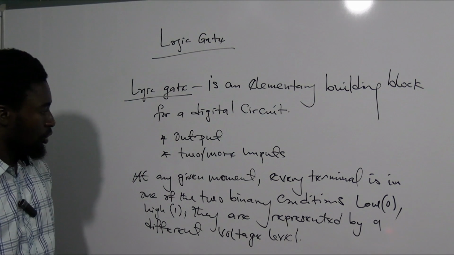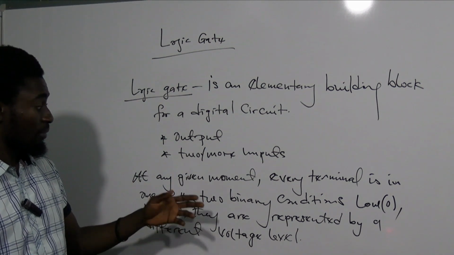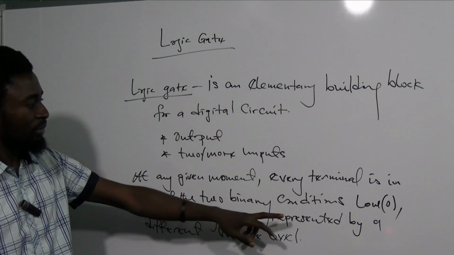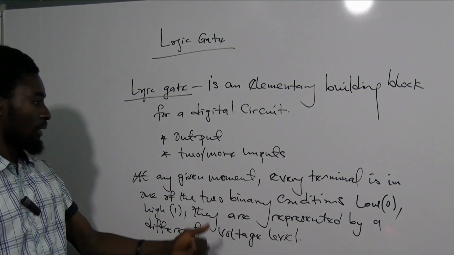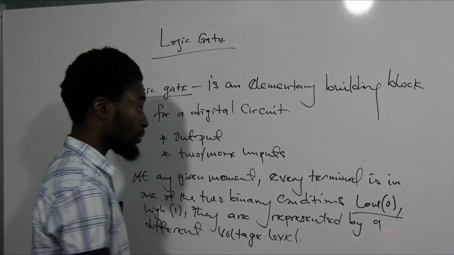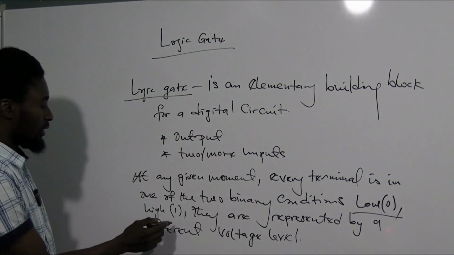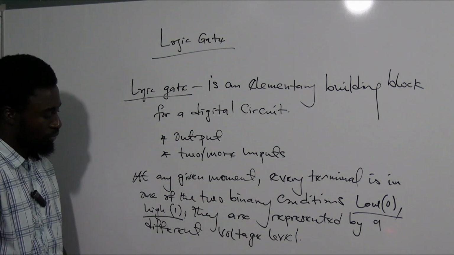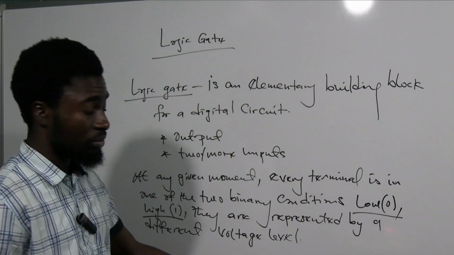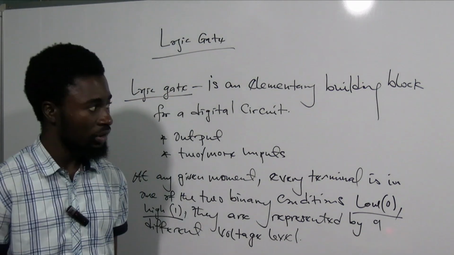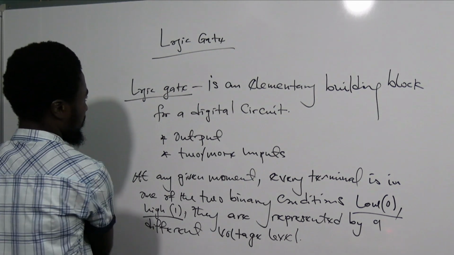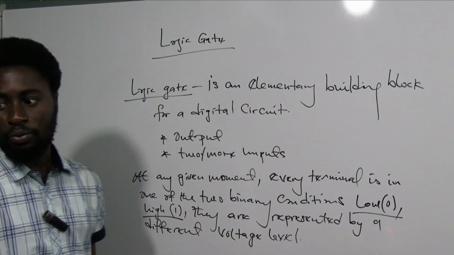At any given moment, each of these terminals may be in one of these states, a very low state, referring to 0, and the very high state, which is 1, and they are represented by different levels of voltage. So now, let's try to see the gates we are now discussing here.